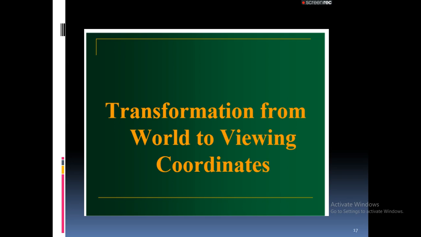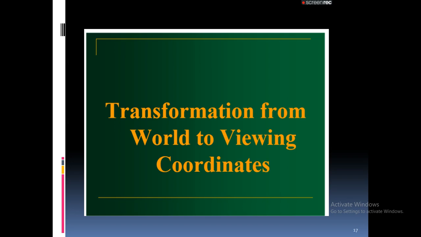So these are the things we discussed. Now I would like to go to the third step. In the third step we want to map the world coordinate system of the object to the viewing coordinates of the camera.